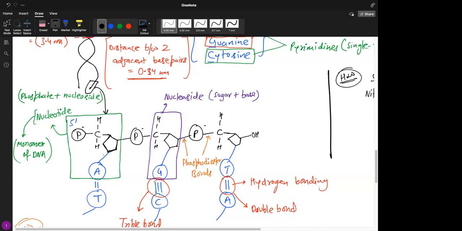So this OH binds to the phosphorus molecule. Wherever this OH moiety is, we call it the 3 prime end. So we also call it the 5 prime phosphate end. Towards the 5 prime is phosphate, then comes sugar, and 3 prime hydroxyl.